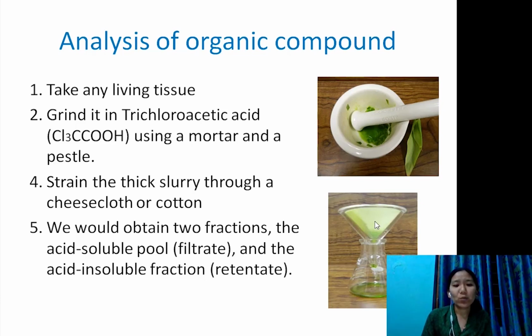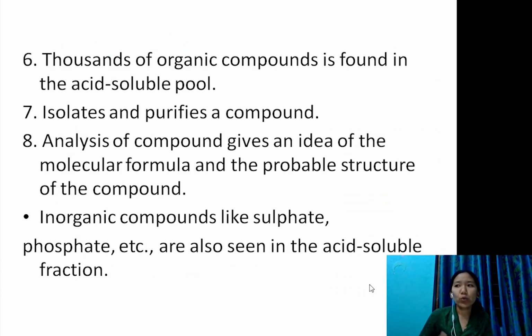Okay, scientists analyzed the acid soluble pool and found a number of organic compounds present in it. Now, how do we know what chemical is present? For that, you first isolate the particular compound and purify it, and then you can get an idea of the molecular formula of the compound and its probable structure.